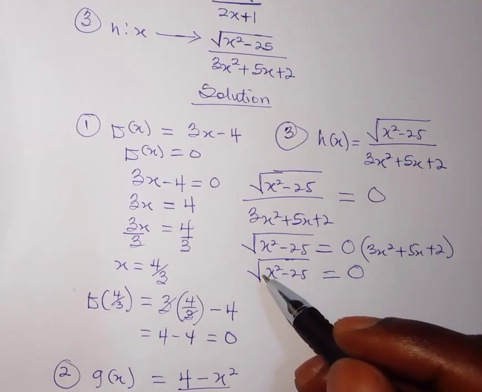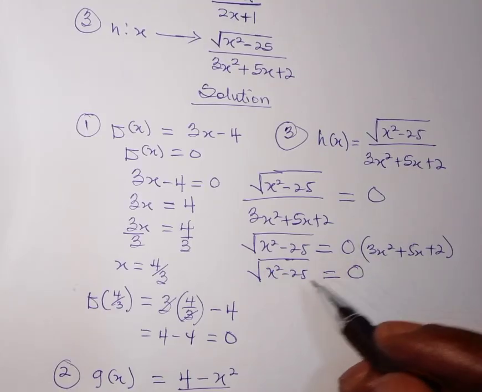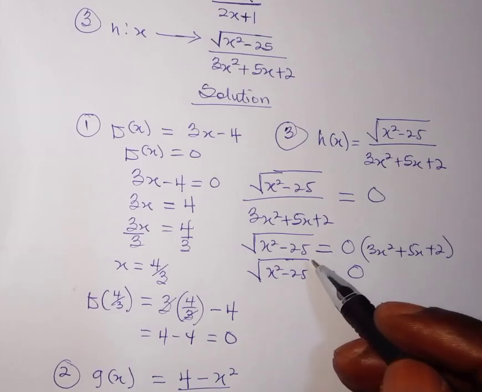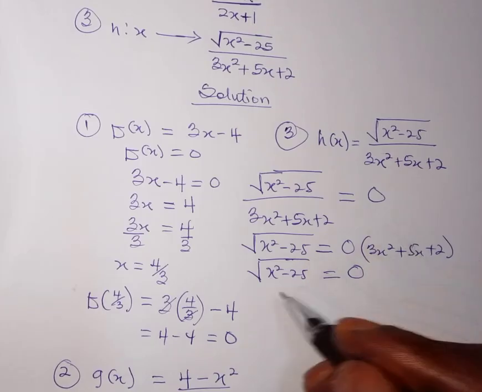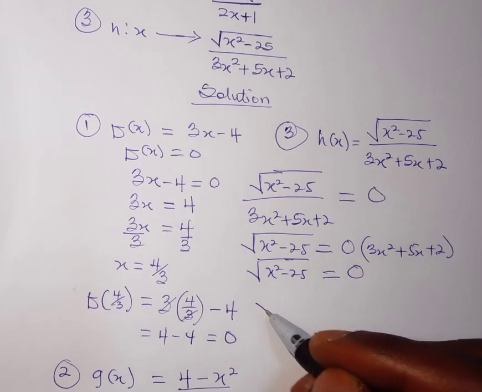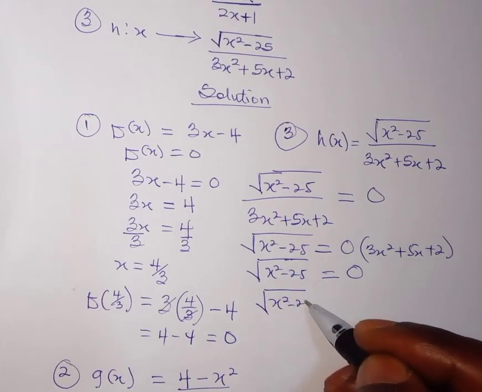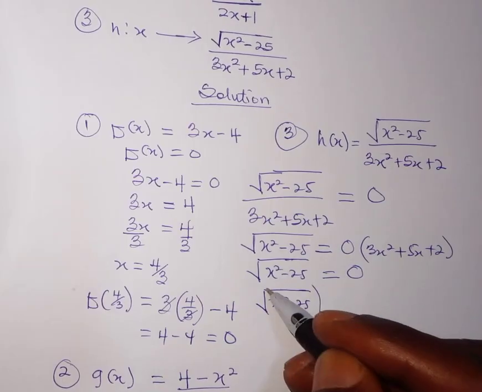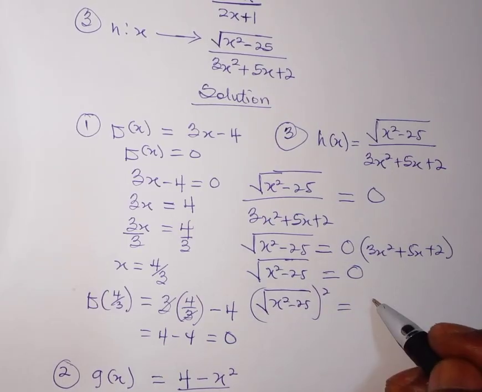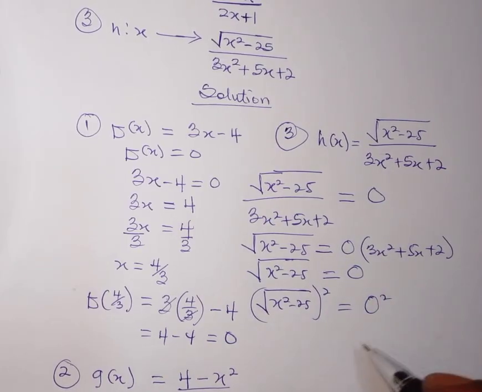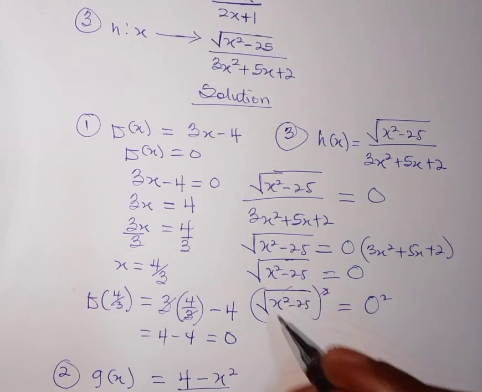Now since we have a square root here, we can square both sides. So I can square this x squared minus 25, and square 0 as well, which is still 0.